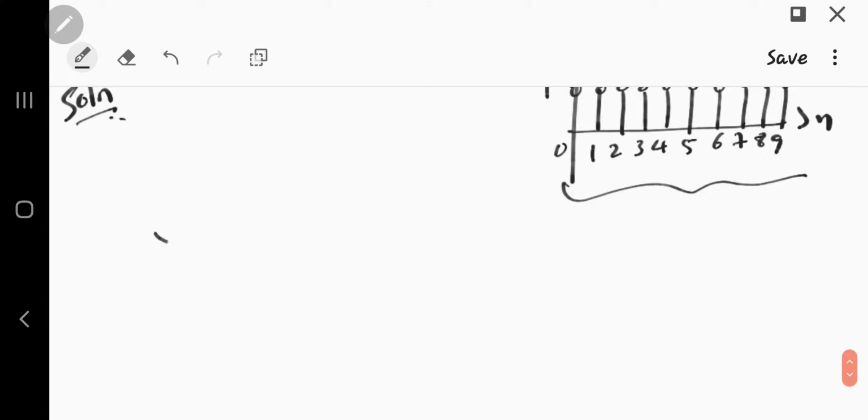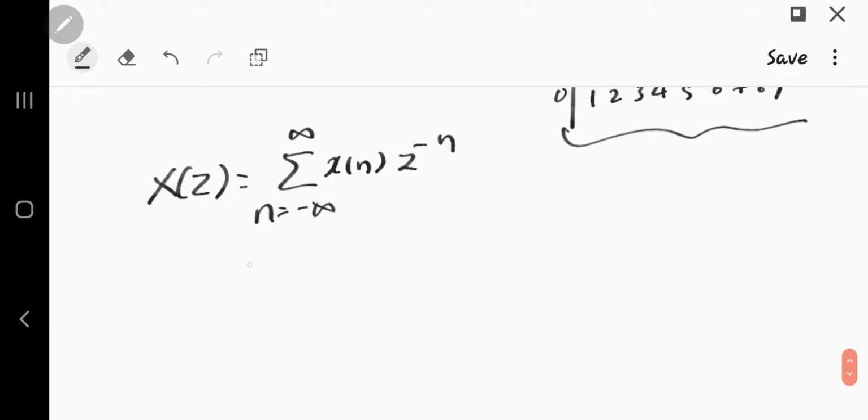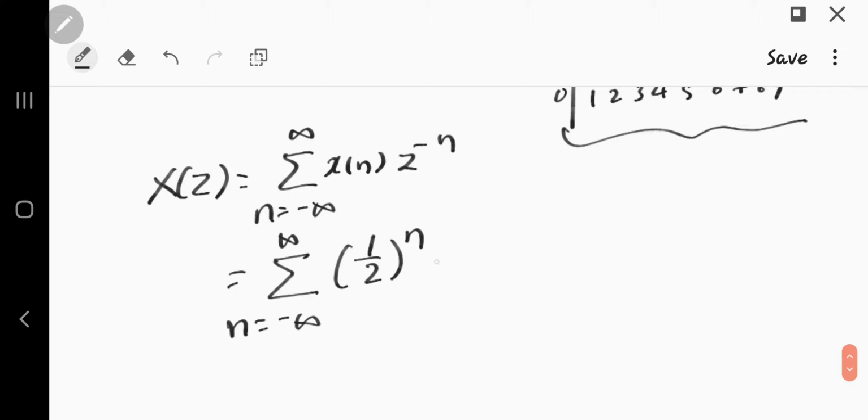So that's why x of z is equal to, from the definition, x of n z to the power of minus n, so n is equal to minus infinity to plus infinity. X of n is 1 by 2 to the power of n, u of n minus u of n minus 10, z to the power of minus n.